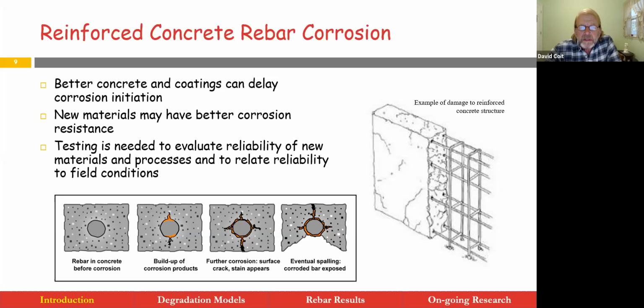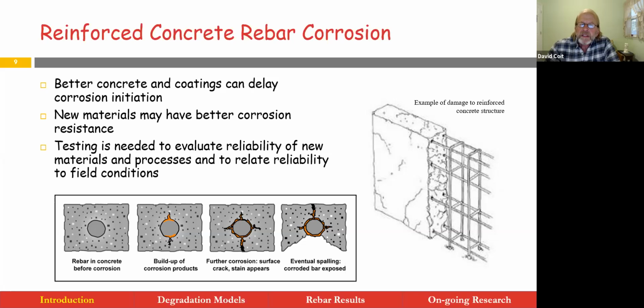So we're evaluating new materials. Professor Nassif and his group tested 4 different rebar materials to evaluate the performance. Some are more expensive than others, so it's important to know the performance versus the corrosion behavior.